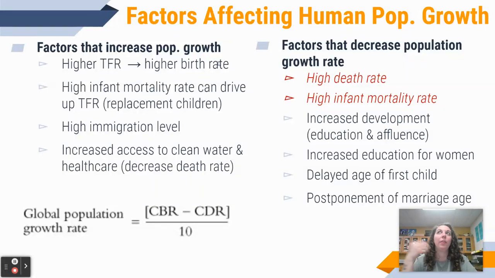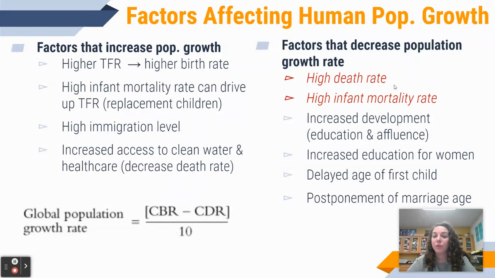Now you might think, well, that's more deaths, so that's going to make our percent smaller, but that high mortality rate in infants is going to drive up the TFR because we're going to keep having replacement children. High immigration levels and increased access to clean water and healthcare are going to decrease the death rate. So all of those factors together are going to increase our population growth.